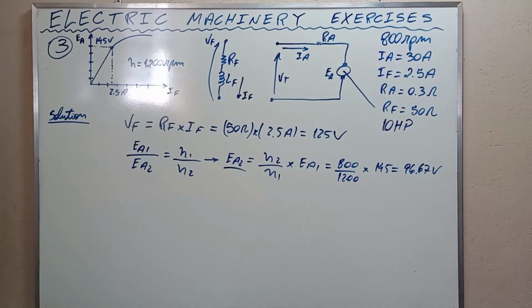The machine speed in radians per second: we are going to convert 800 to radians per second.